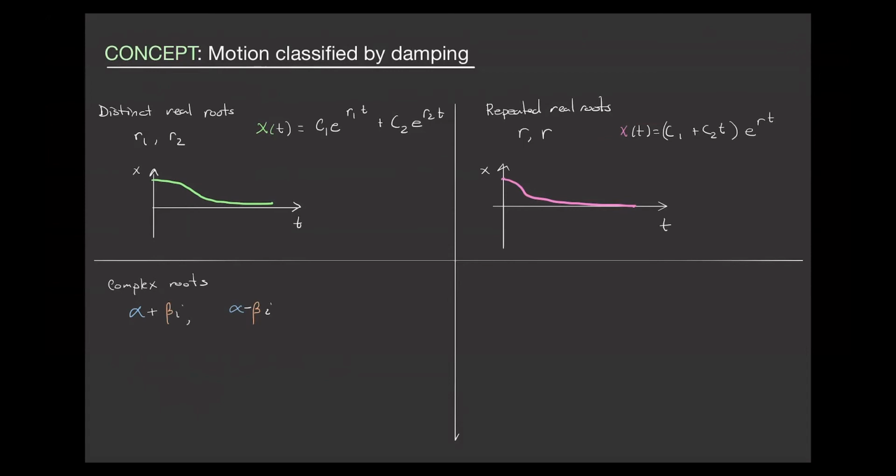There we go. If you have these 2 complex roots, then your solution, which maybe I'll do in yellow, is going to look like this. It's going to be C1 e to the alpha t times cosine of beta t, and then you have the same thing, C2 e to the alpha t sine of beta t.